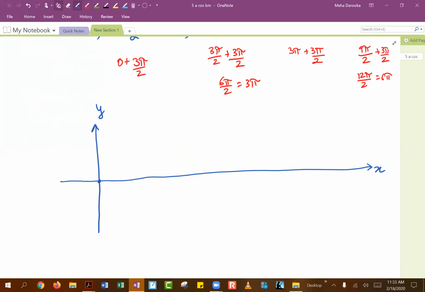I'm actually going to break this down into pi halves, pi, 3 pi halves, 2 pi. And then let me see, 5 pi halves, 3 pi, 7 pi halves, 4 pi, 9 pi halves, 5 pi, 11 pi halves, and 6 pi. If you want to break it out further with just the 5 point, you can do it that way also.